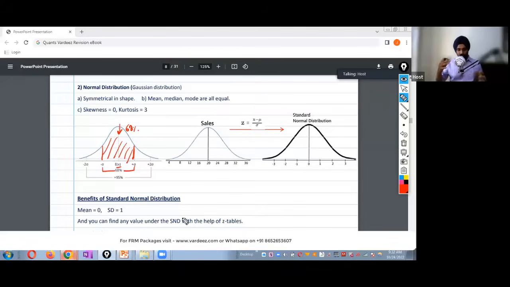So if I'm doing research, I can say that 68% of the data is within one standard deviation from the mean, and I can conclude certain things. Moreover, within 2 standard deviations away from the mean, I have almost 95% of my data values. That's also a good thing.